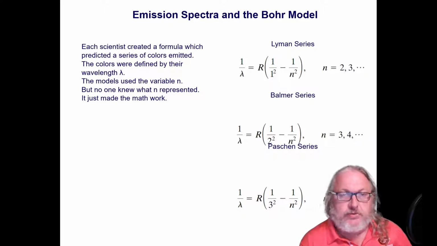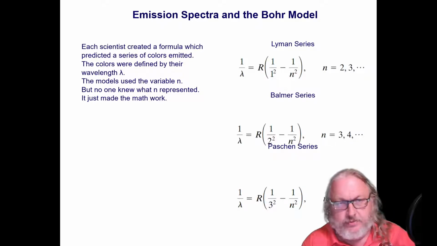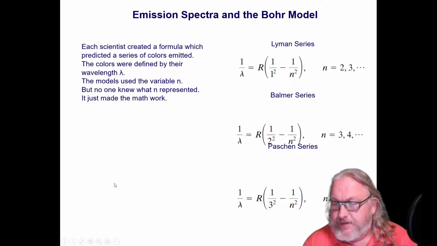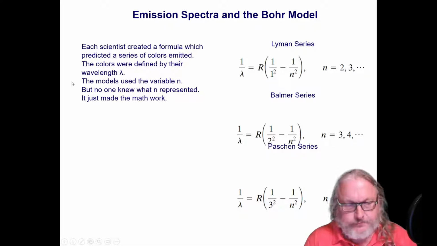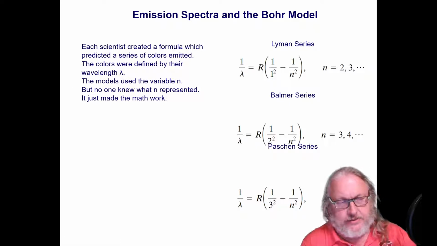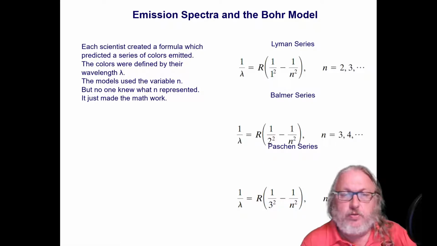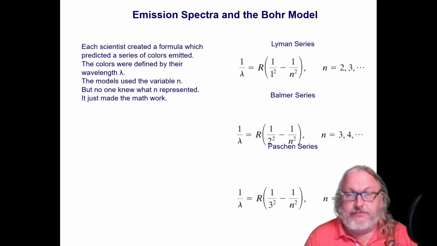The colors were defined by their wavelength, which we call lambda, the Greek symbol. Now, these models use the variable n, but no one knew what the n represented. It was just how the math worked out.